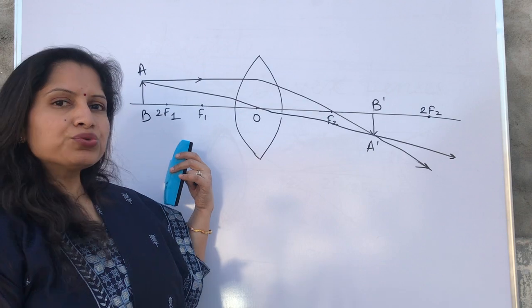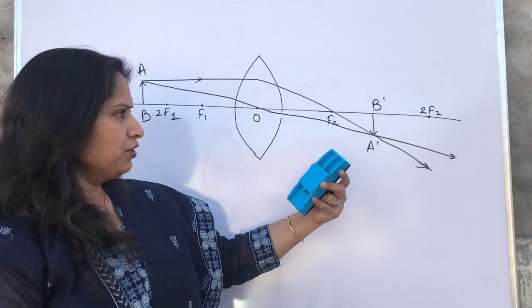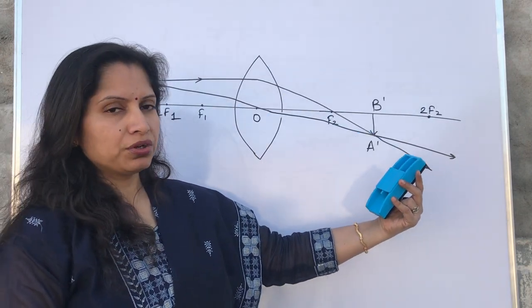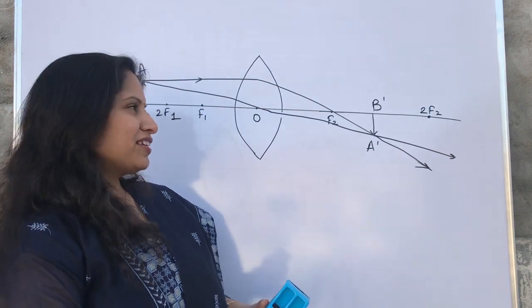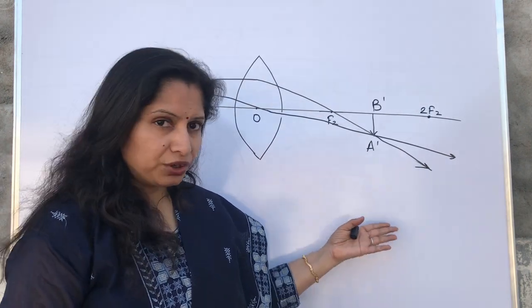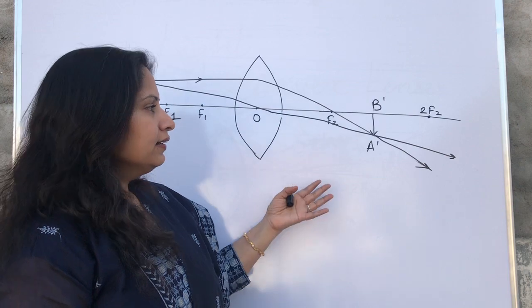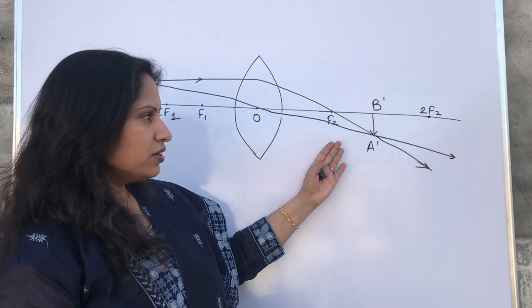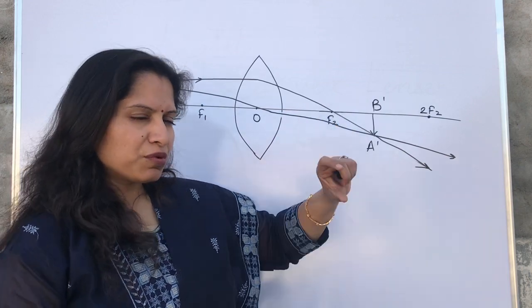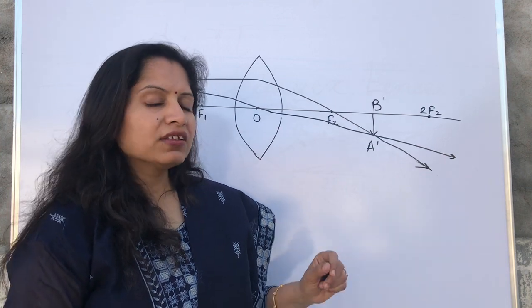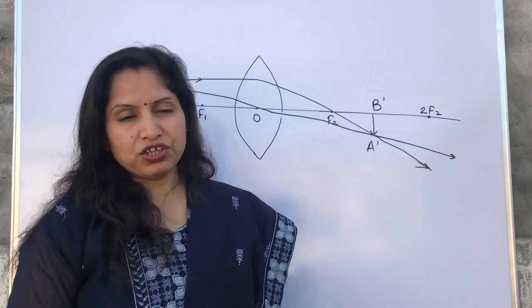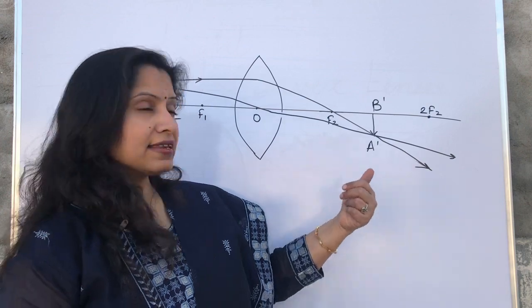It's beyond 2F1. And what is the position of the image? Between F2 and 2F2. What is the nature of the image? You can easily see that it's a real and inverted image, and it is small in size. If you take proper measurements, you will see that a smaller image is formed by this lens.